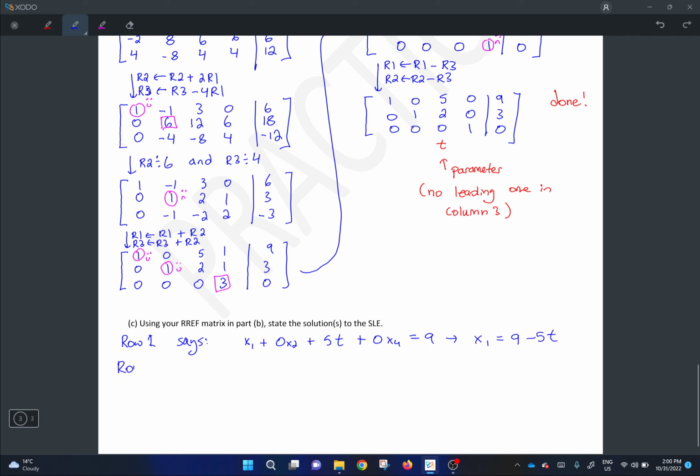Row 2 says 0x1 plus 1 times x2 plus 2 times t plus 0x4 equals 3. That means x2 is equal to 3 minus 2t.